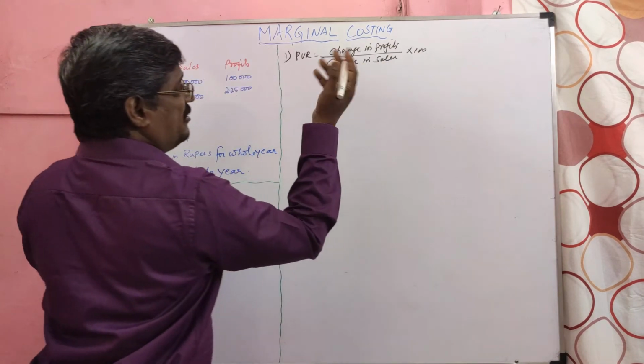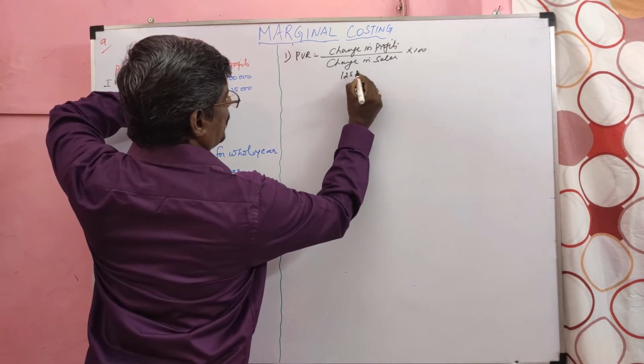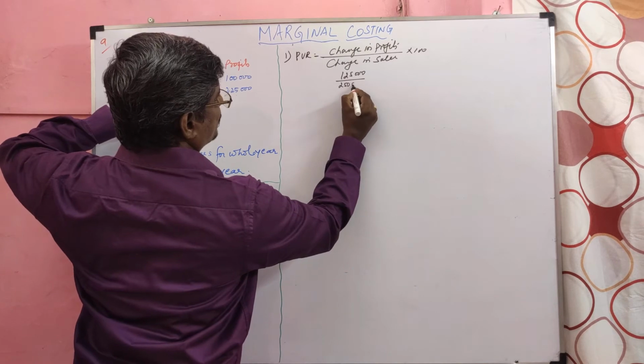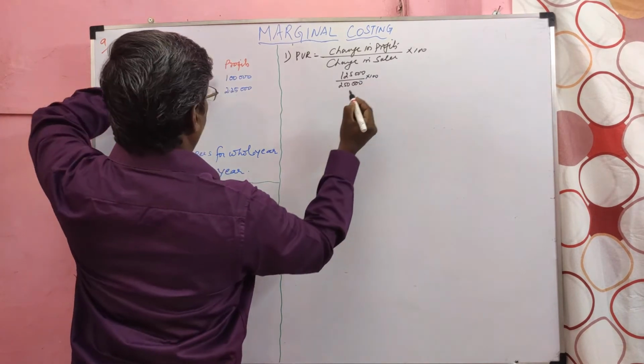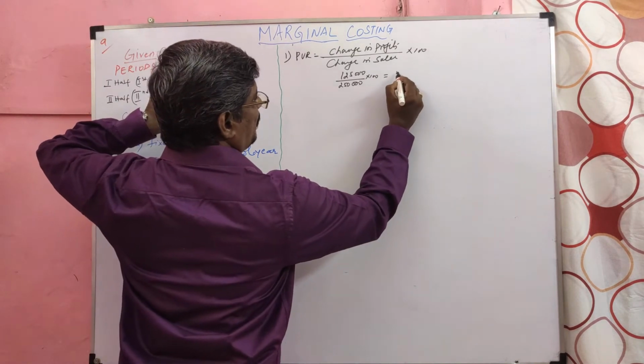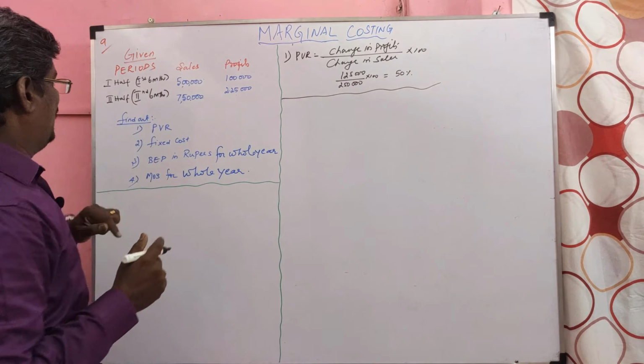You can write change or difference. Here the difference how much? 1,25,000. Here the difference is 2,50,000. So profit difference 1,25,000. Sales difference 2,50,000. So our PVR 50%. This we learned already.